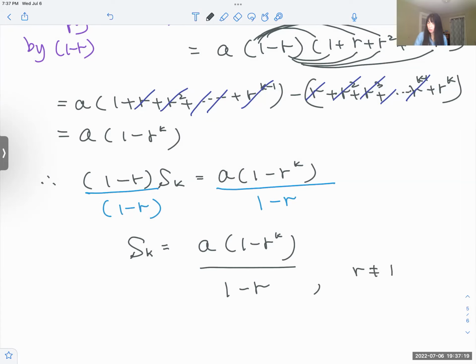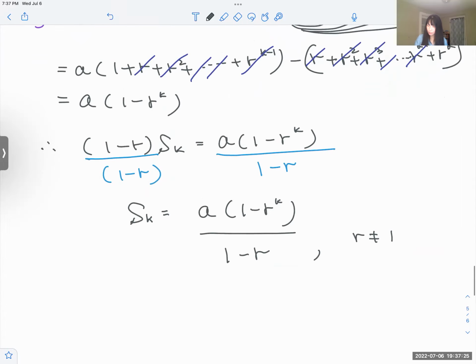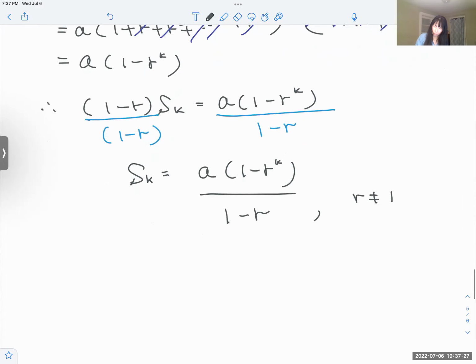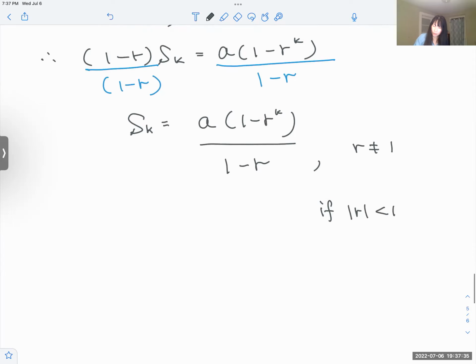All right, so look, if the absolute value of r is less than 1, it's a fraction. Say r equal to 1/2, then we have 1/2 to the k.